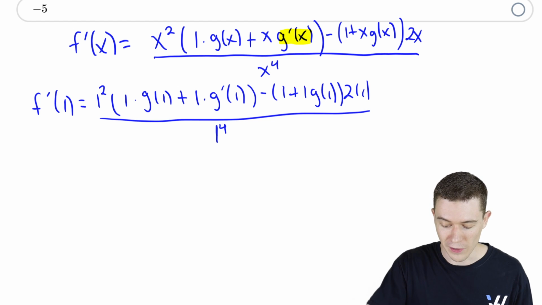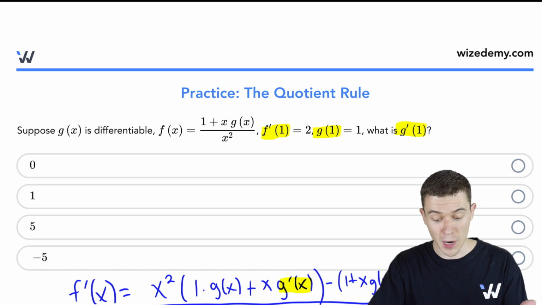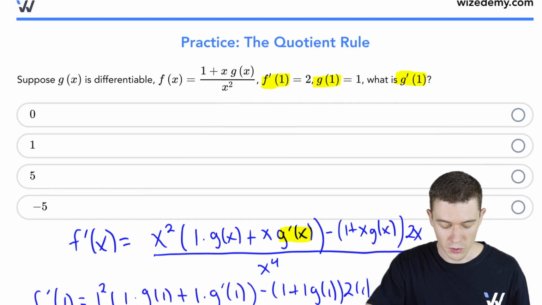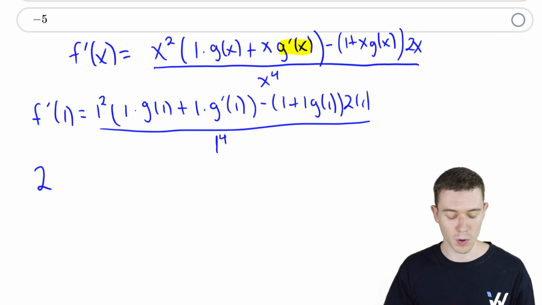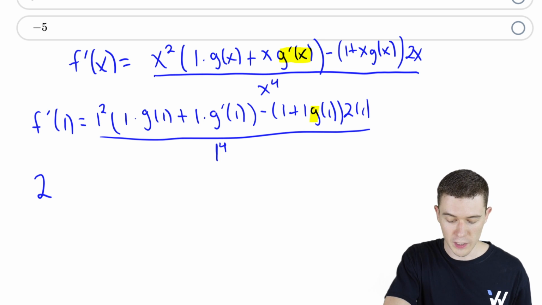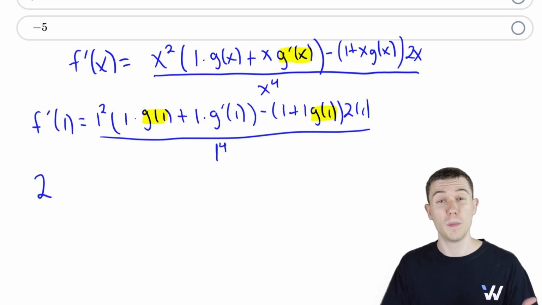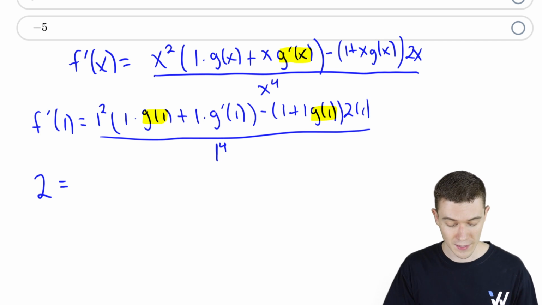But what we can fill in from before, we know that f prime of 1 is 2 and g of 1 is 1. So let's make that left-hand side equal to 2 because that's where we have f prime of 1. And we have 2 g of 1's. Those will both be 1 as well. So really, this is equaling, well, 1 squared, I won't write that.